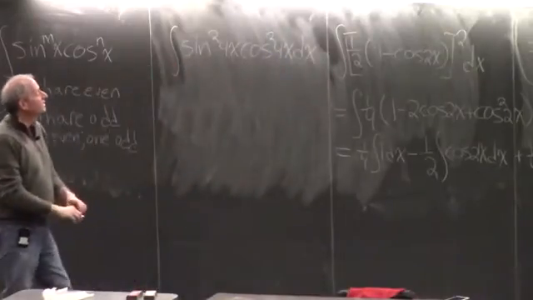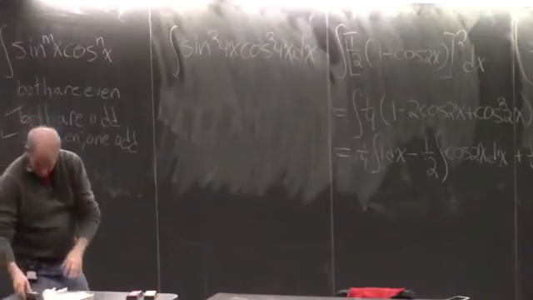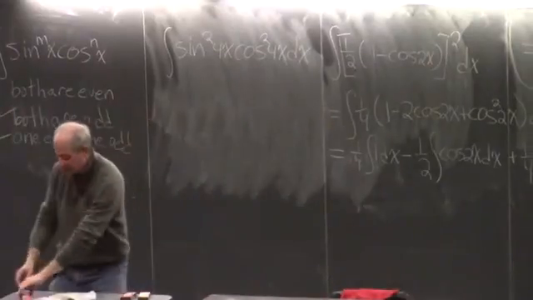Let's see how we do on that. Sine squared of 4x, cosine squared of 4x dx. I'll give you the first step, and then you can practice from there.